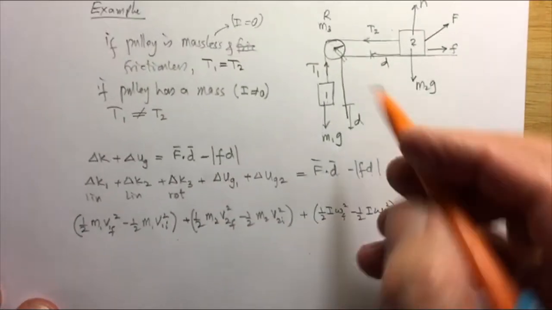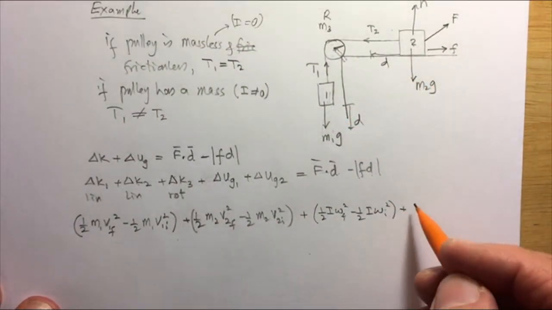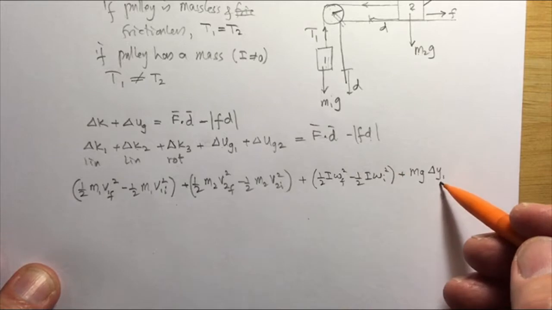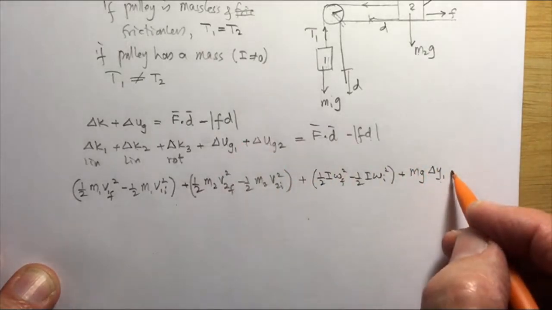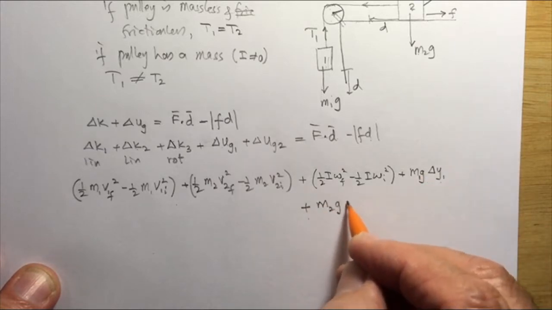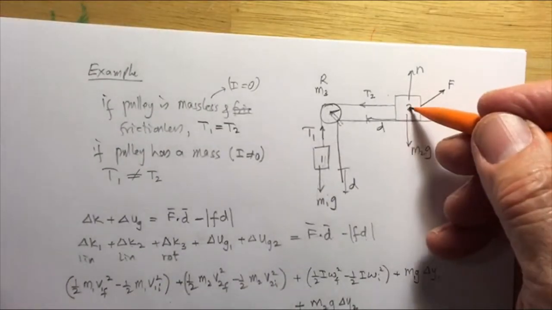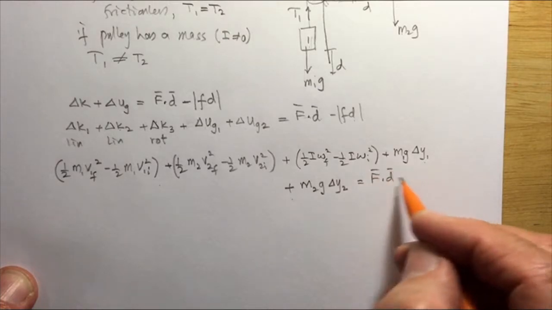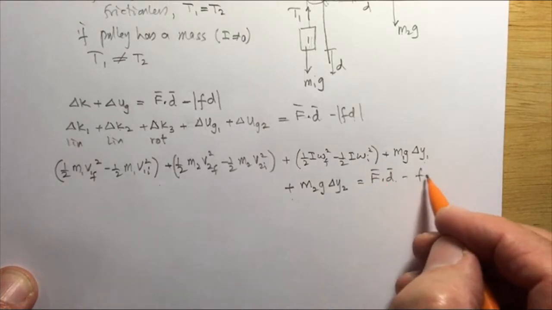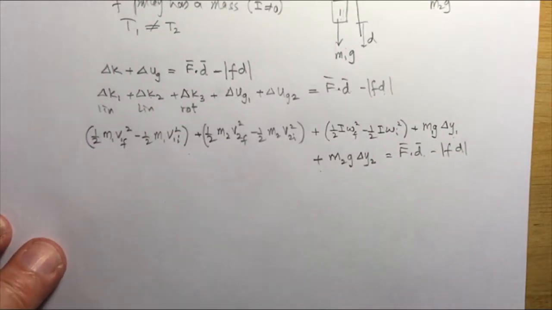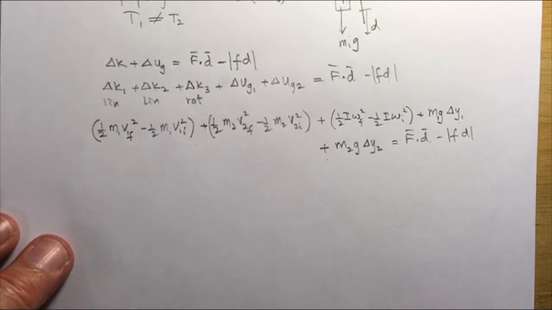And then the delta UG1, this is going to fall down, so it's going to be plus m1 g delta y for 1, which is y final minus y initial, and this is going to be plus m2 g delta y2, that's any change in the y position of number 2, equals F dot d, these are vectors, or Fd cos theta minus fd. So this would be a sort of a general equation to solve these problems. Now let's take some numbers before we plug them in, so it becomes somewhat easier to look at.